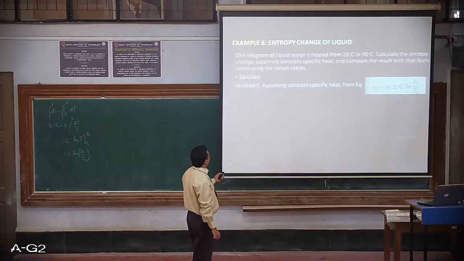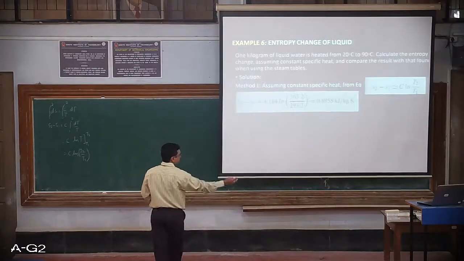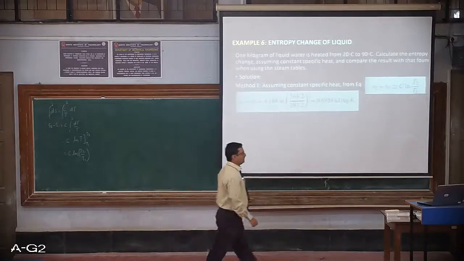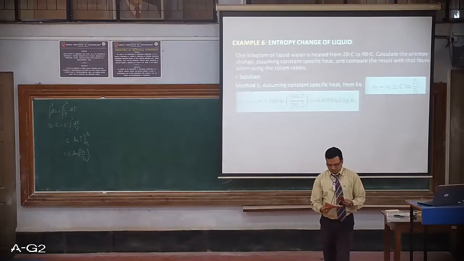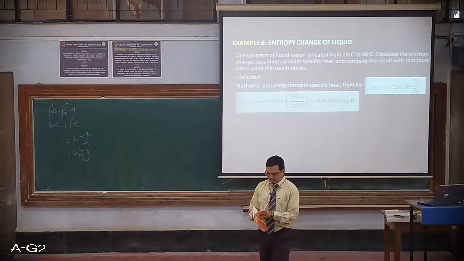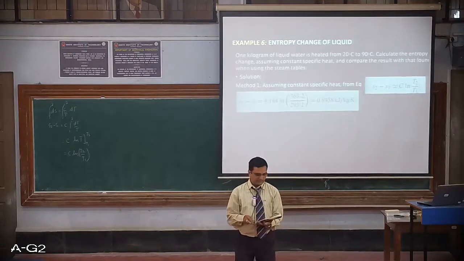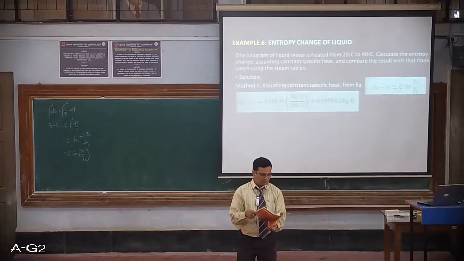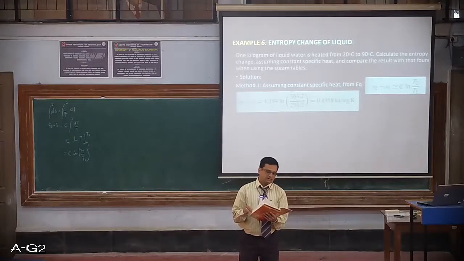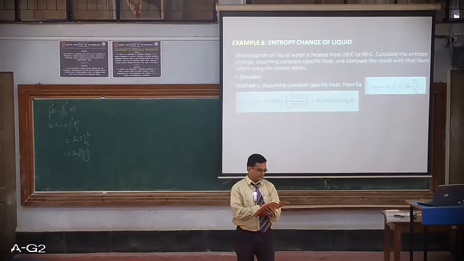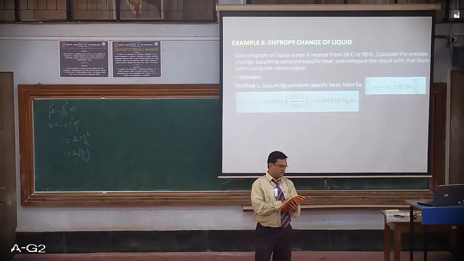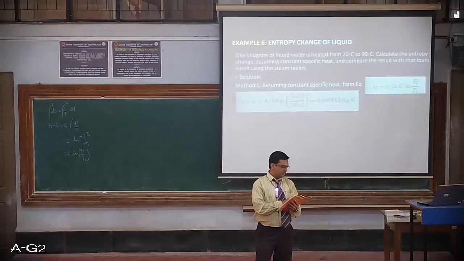Now the substance used is liquid water, and for liquid water the specific heat can be obtained from the property tables. I'll show you in the first pages, table 1, specific heat of common solids and liquids.